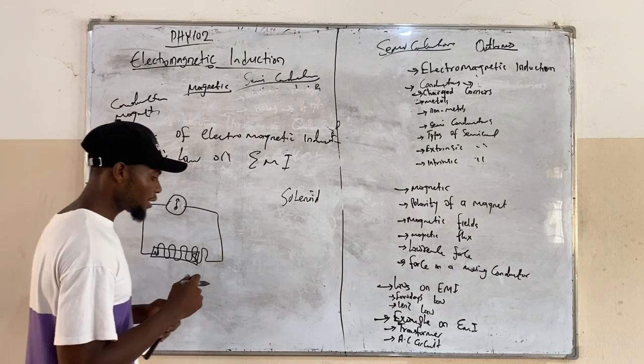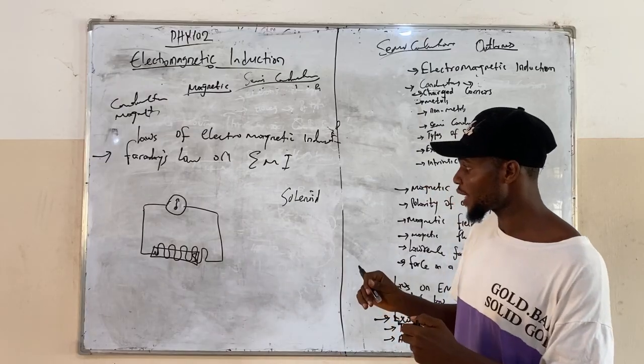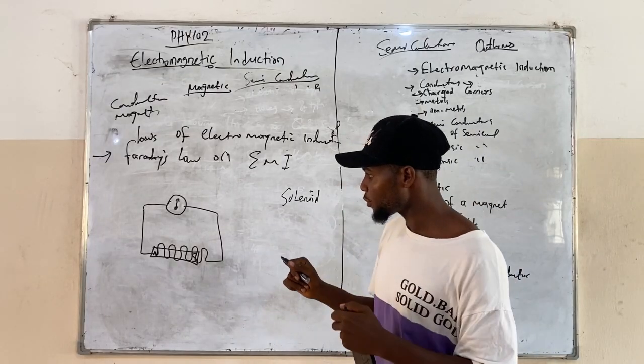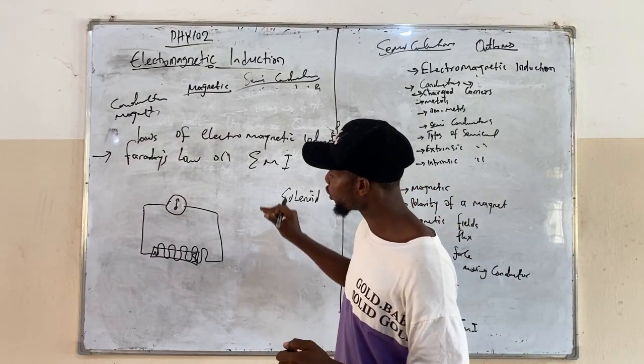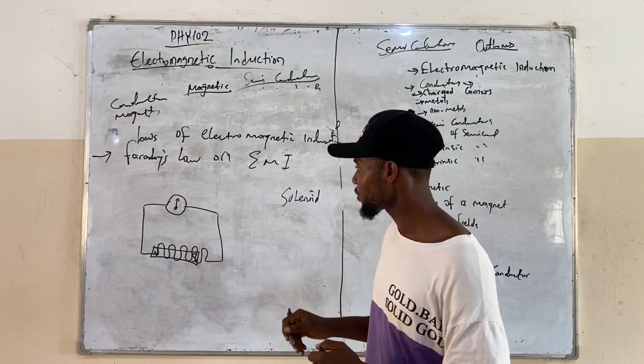So he now said it is very possible to actually produce a current from a magnet. He was the first one that introduced this concept.